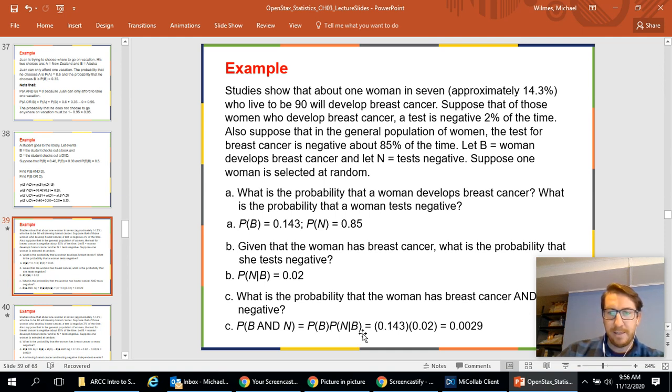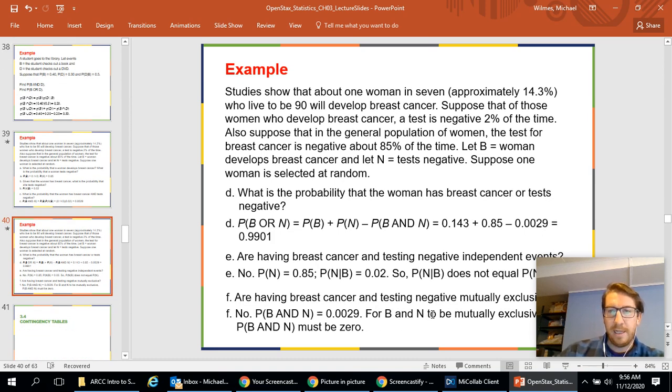The probability of cancer is small, about 14%, and the probability of a negative test given we have cancer is very small, just 2%. So we have a very small chance that a person has cancer and will have a false negative test, which makes sense. This cancer is hardish to get, and the false negative result is also very hard to get.